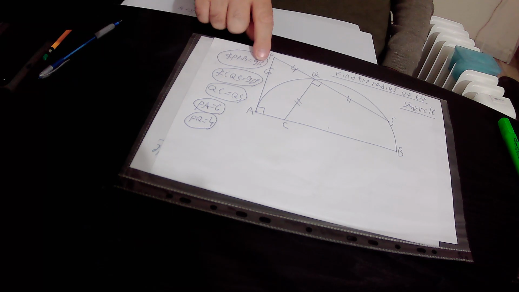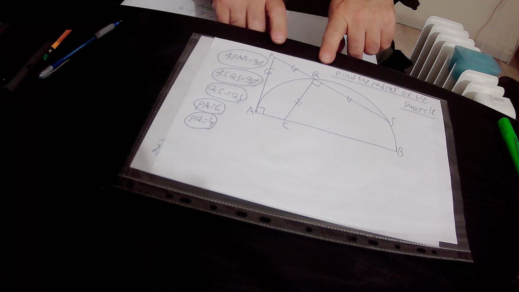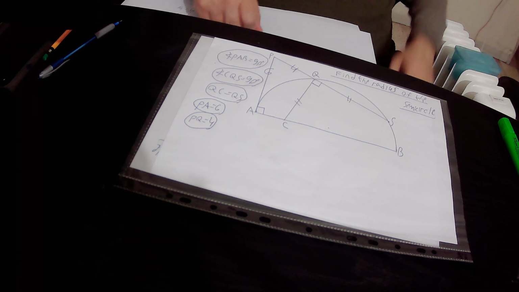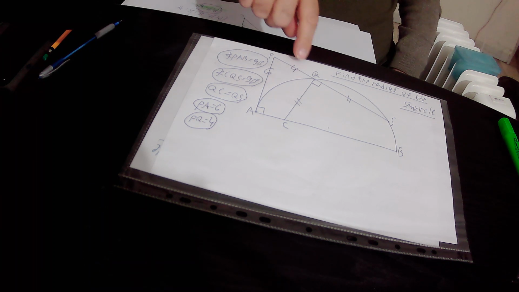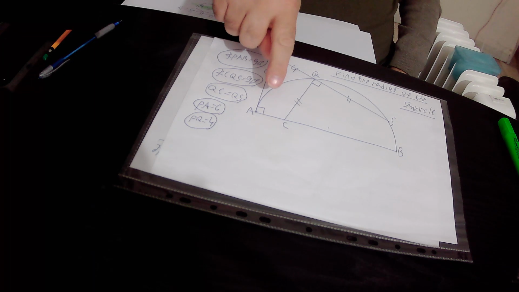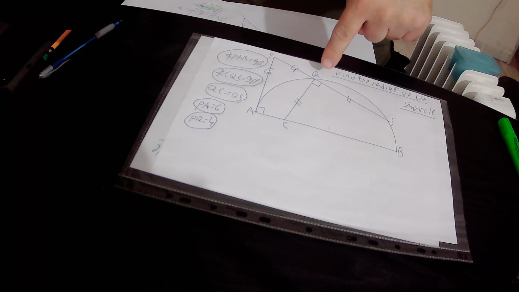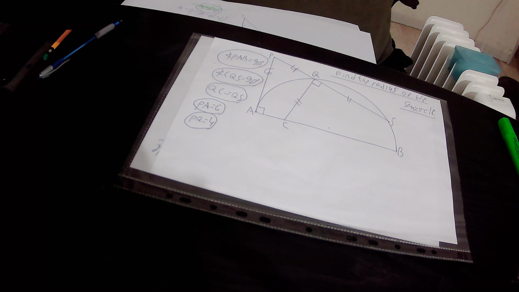PA equals 6 units in length, and PA is tangent to this semicircle at point A. We also know that PQ equals 4 units in length, and line segment PS cuts the semicircle at points Q and S. We also know that QC equals QS, and this angle PAB equals 90 degrees, and this angle SQC equals 90 degrees. And again, our mission is to find out the radius of this semicircle.